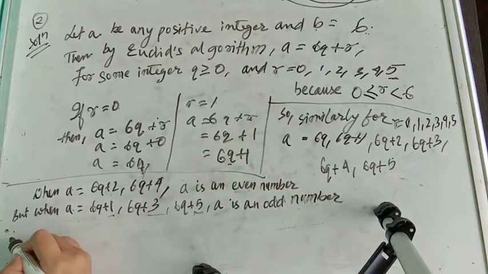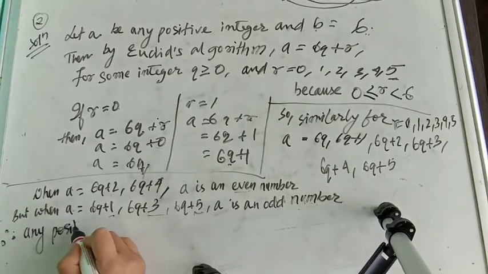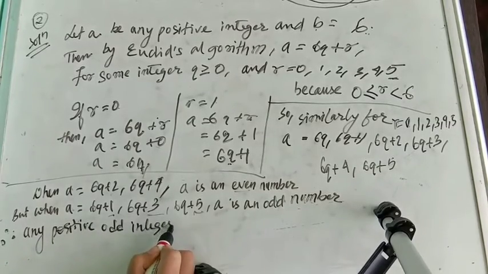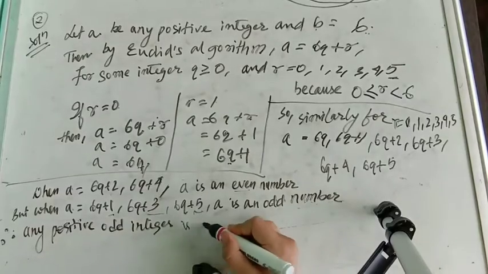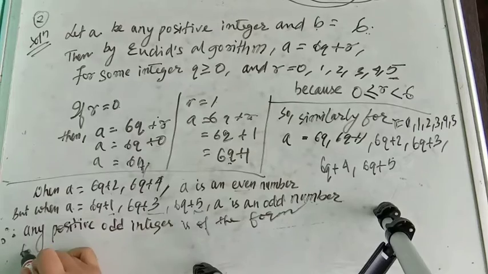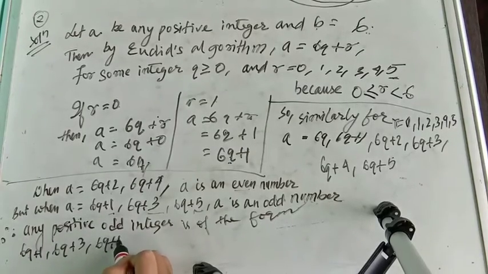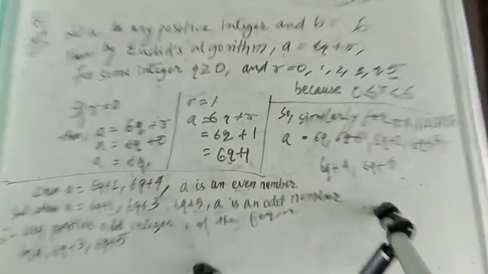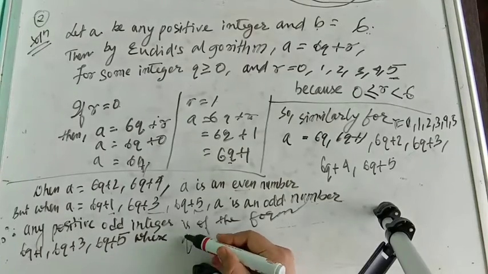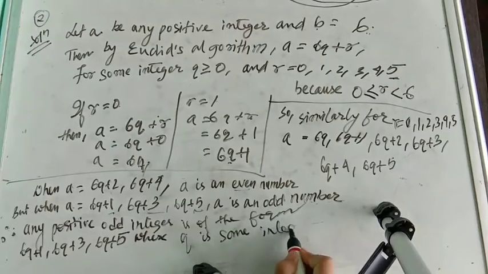So we can conclude that any positive odd integer is of the form 6Q plus 1, 6Q plus 3, 6Q plus 5, where Q is some integer. That's what we had to prove in the question.